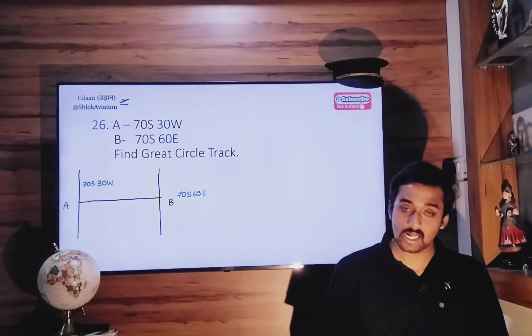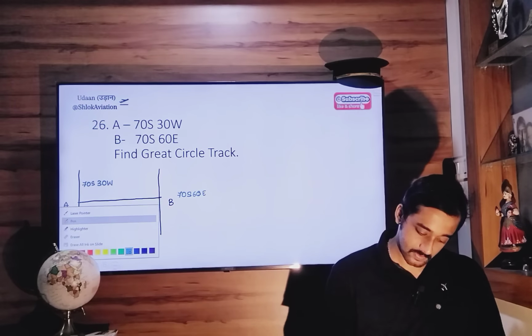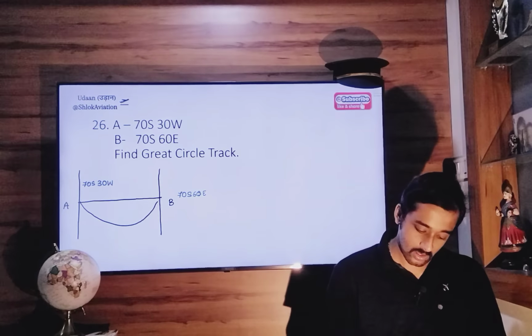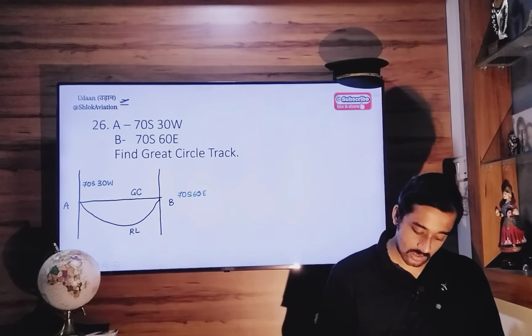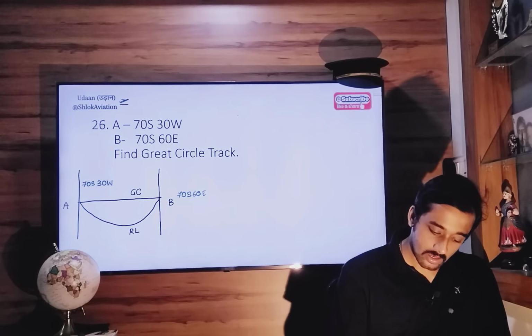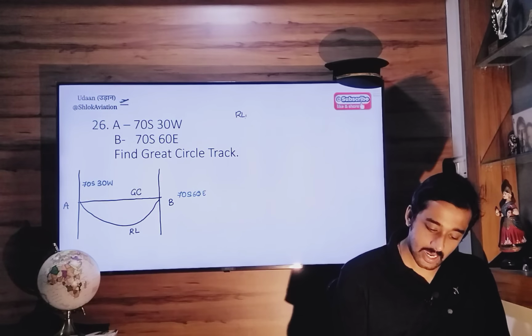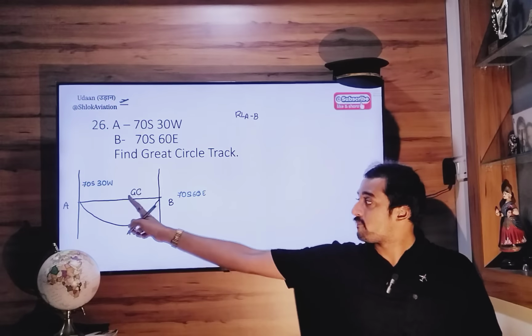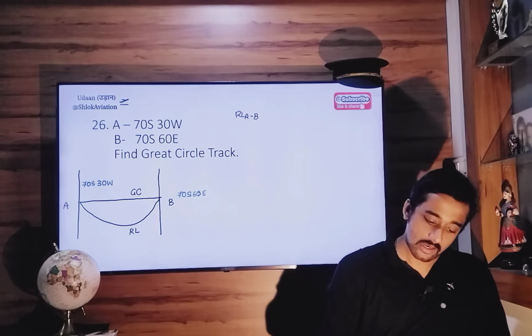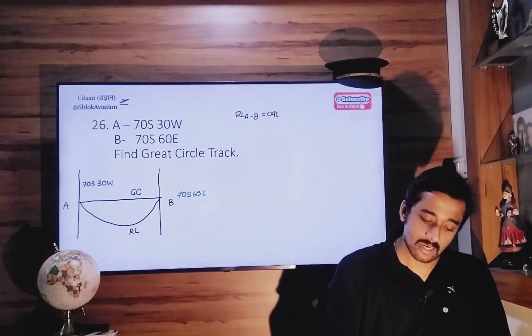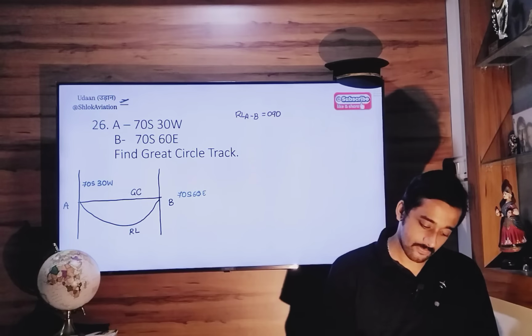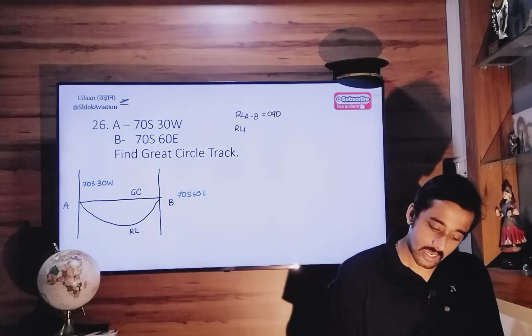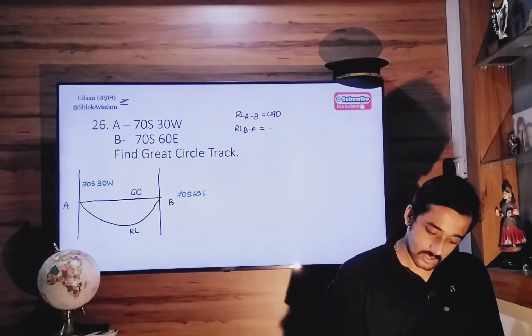So both are located at same latitudes. Rhumbline, great circle. That means Rhumbline track A to B will be 090. Same latitude, so latitude is oriented east and west direction. Rhumbline B to A is 270.